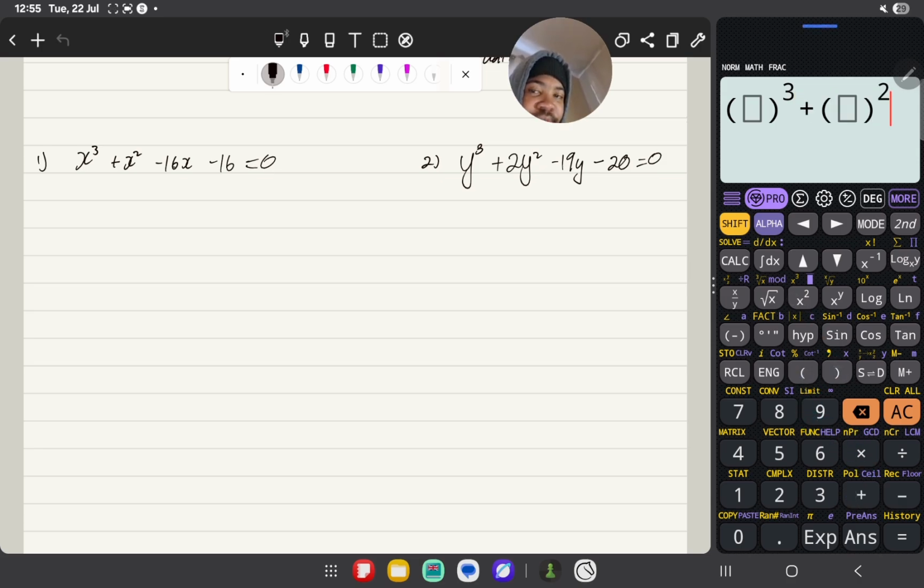Plus x squared minus 16x minus 16, right? Cool. So now we put in different values. Let's start with 1. In fact, let's start with the negative values this side. Maybe positive is good. Yeah, stay positive, fellas.